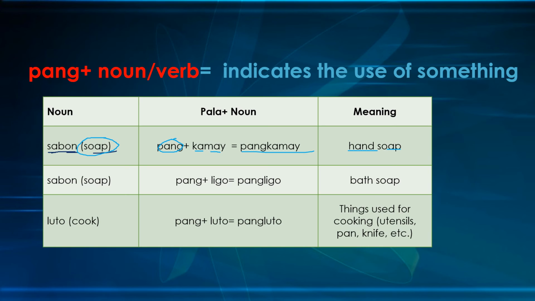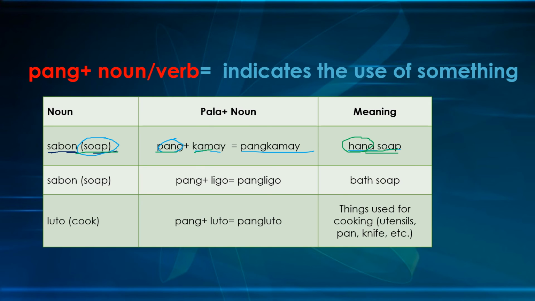So here, pang and kamay. Kamay is the hand. This is the noun, hand. And by adding pang, we can know that the function of this soap is for hands. That's why we have hand soap.